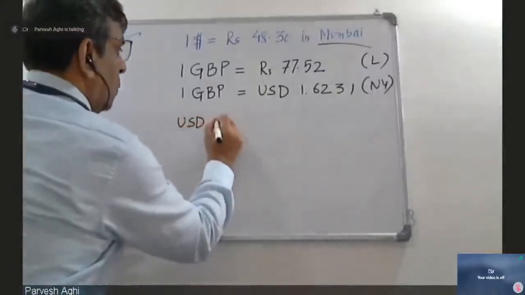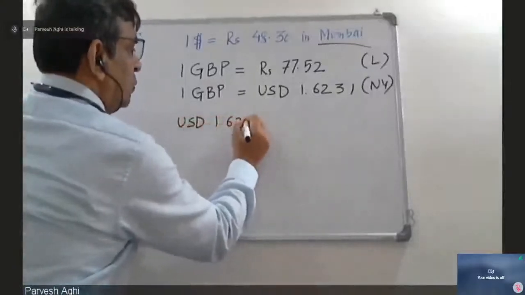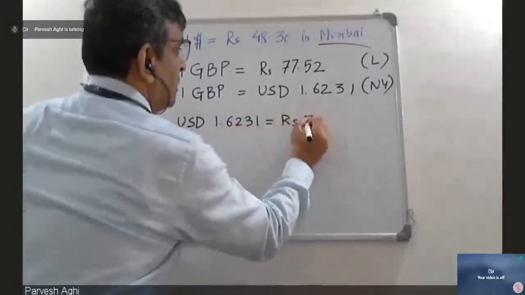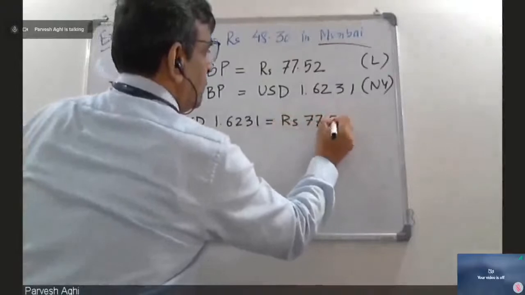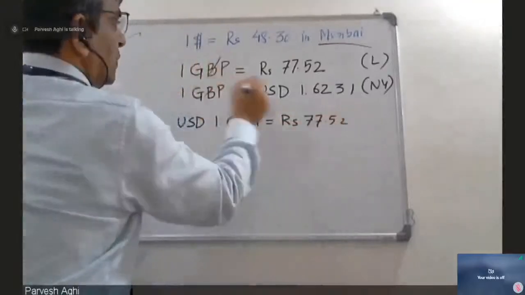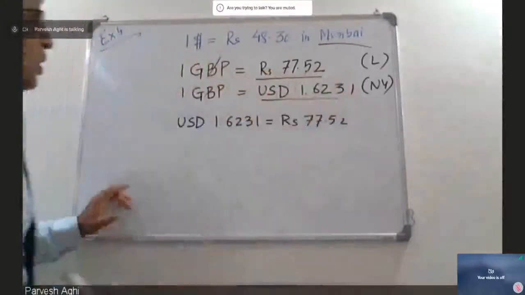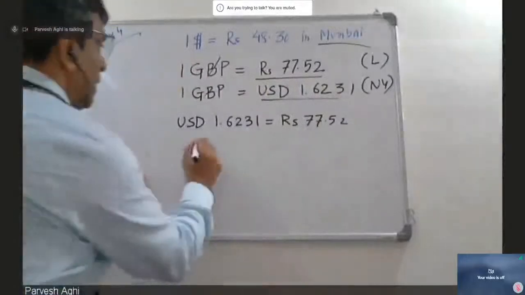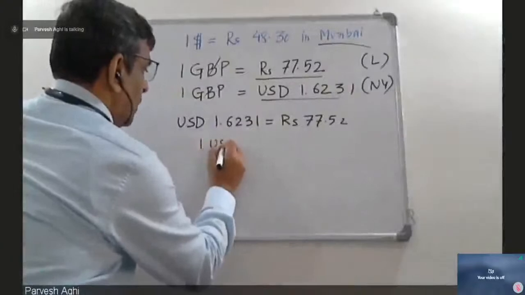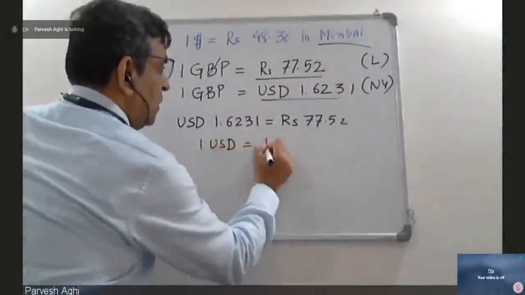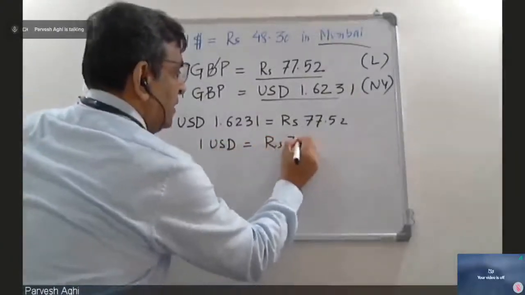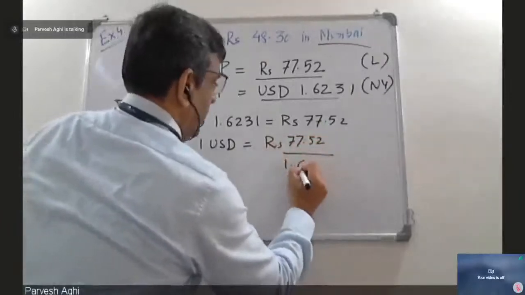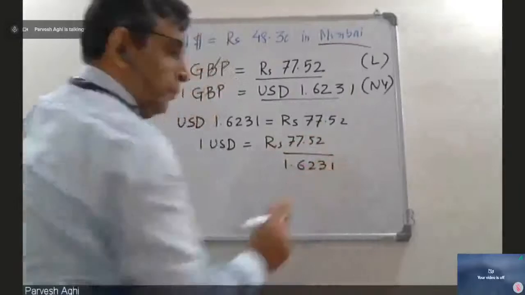So I can just use these 2 quotations and write this way. USD 1.6231 is equal to rupees 77.52. Isn't it? So this is a common factor. So US dollar is equal to 77.52. Now, which means 1 US dollar is equal to rupees 77.52 divided by 1.6231.